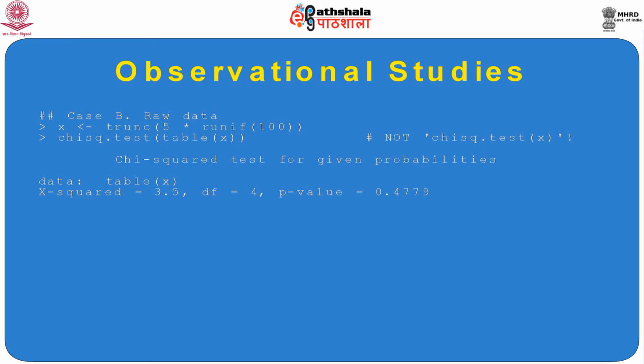It is quite obvious that when we generate data from a random sample and compare it with another sample, there should not be any significant difference. That's why the p-value is 0.47 and the chi-square value is 3.5.